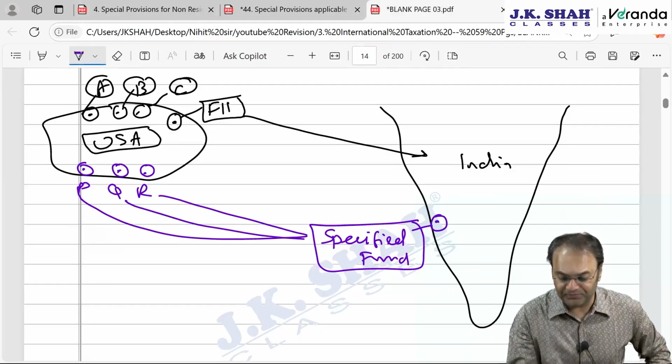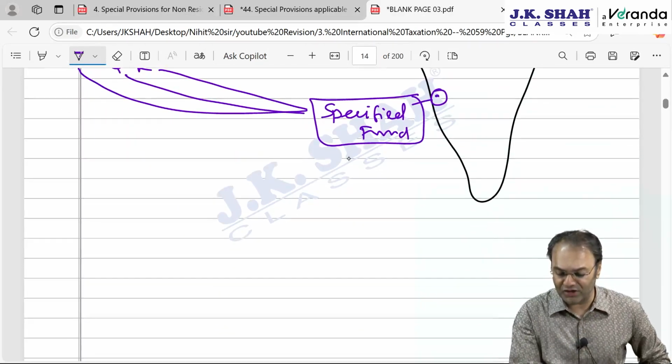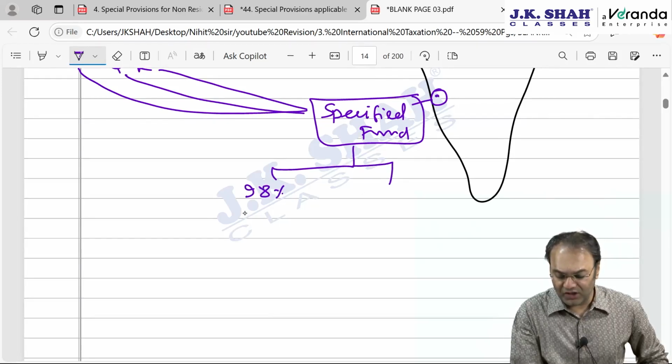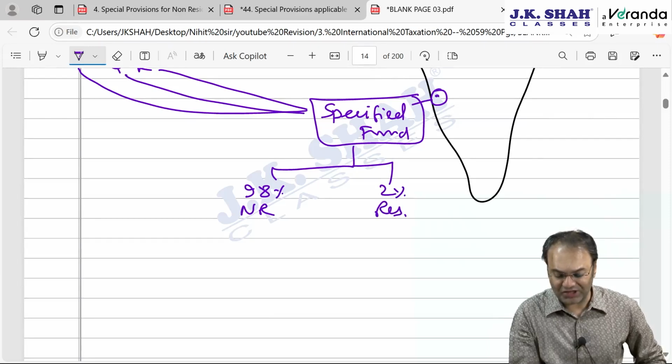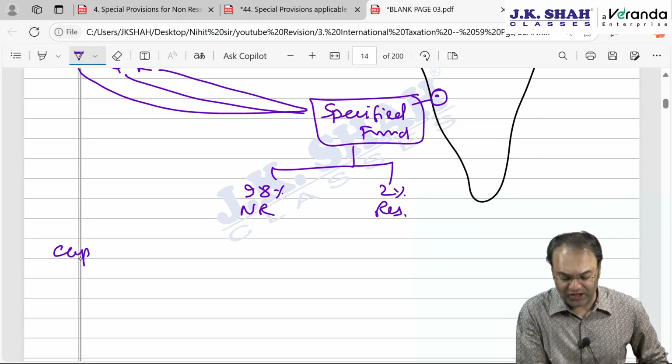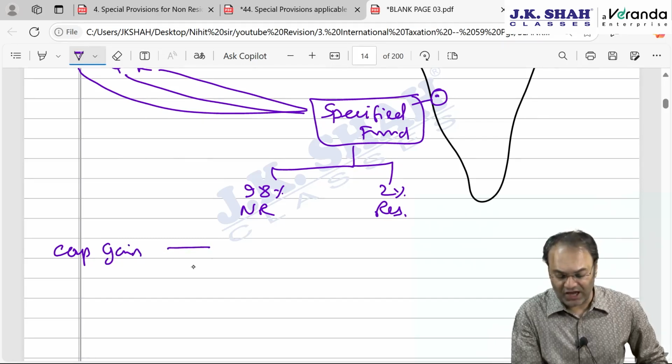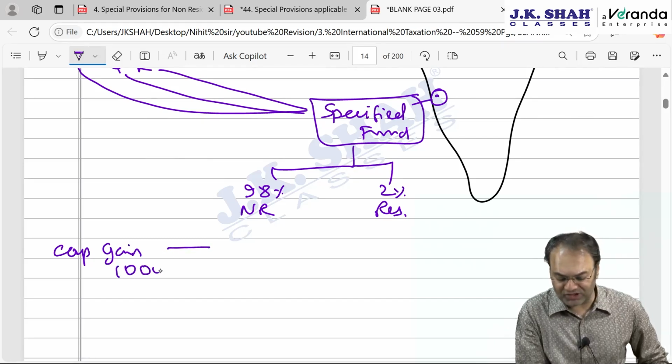For example, in the specified fund, 98% unit holders are non-resident and 2% unit holders are resident. Then in such a situation, whatever capital gain arises from transfer of these 3 assets, supposedly 1000 crore rupees is the capital gain amount, long term or short term.